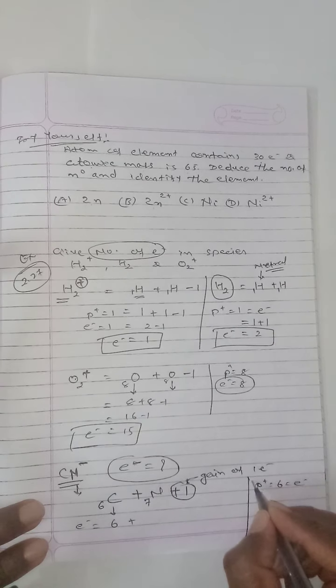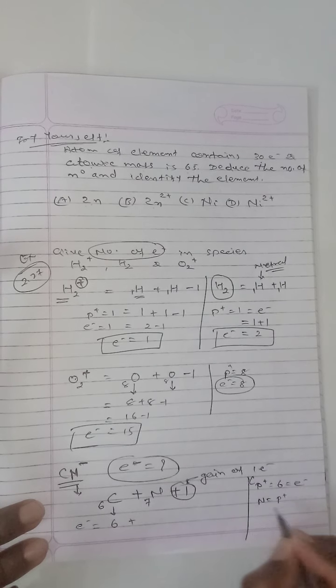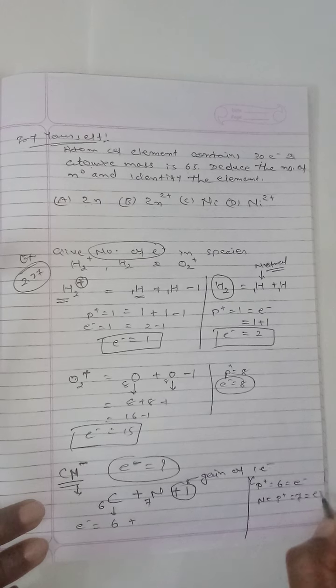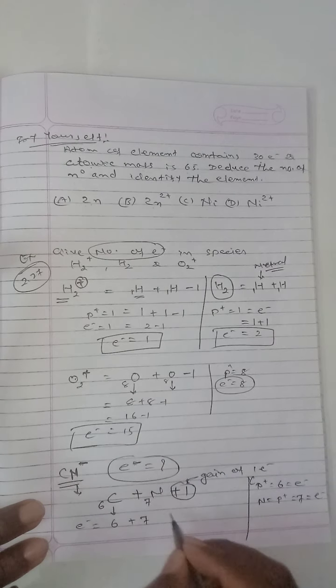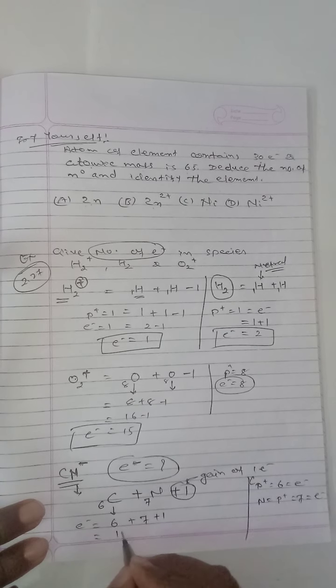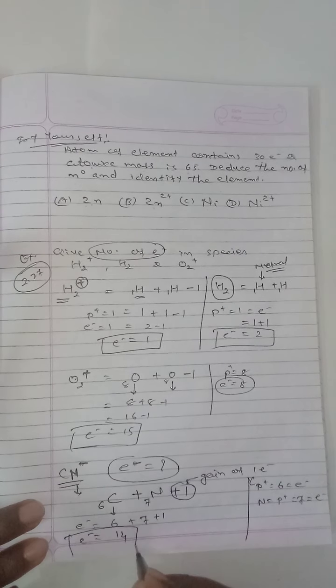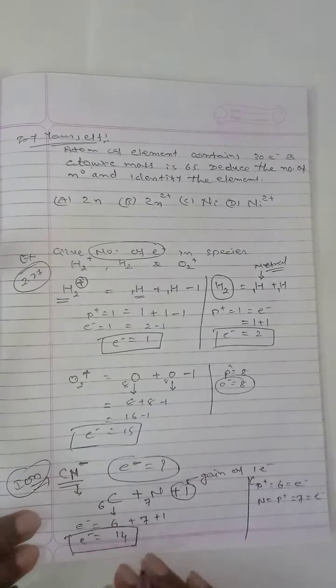For nitrogen the number of protons is 7, equal to the electrons, so the number of electrons is 7, and it gains 1 electron because of the negative charge, that means plus 1. 6 plus 7 is 13, 13 plus 1 is 14. So in this cyanide ion, the number of electrons present is 14.